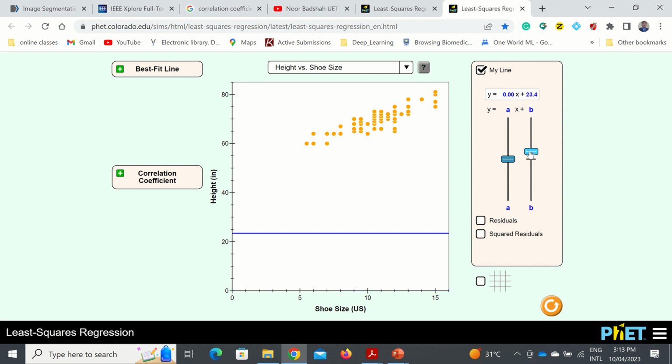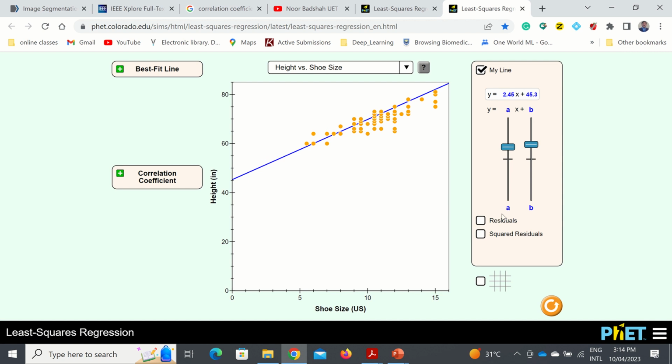If you change the translation and the slope is 0, we have a straight line. We can have a positive slope, and you may bring it a bit down, and then you can have this one.